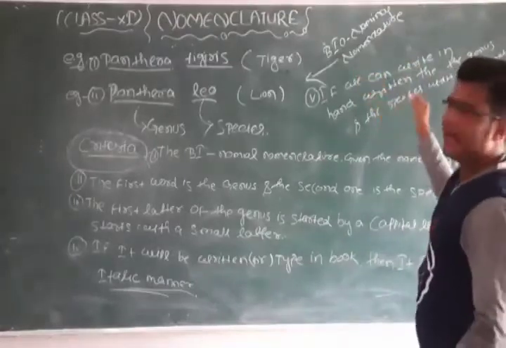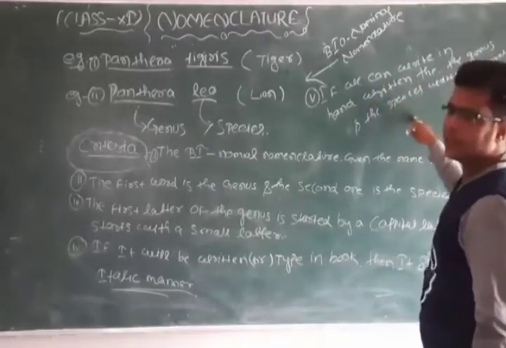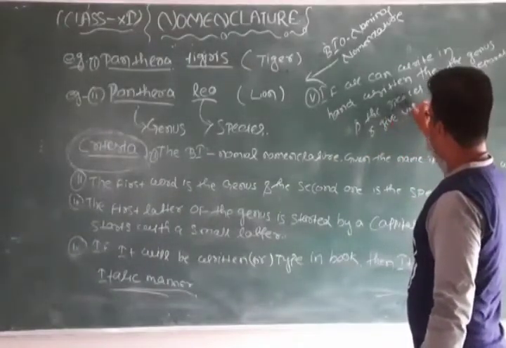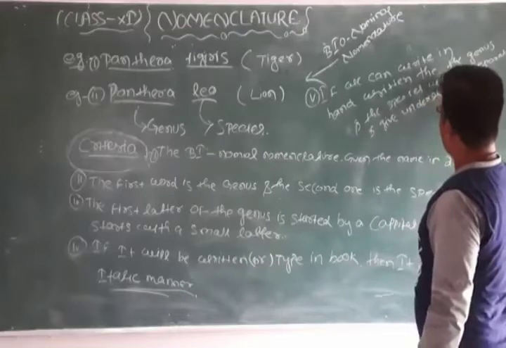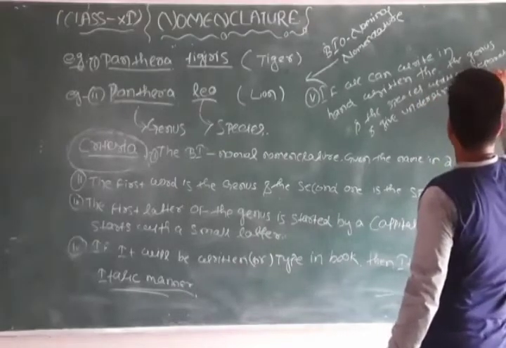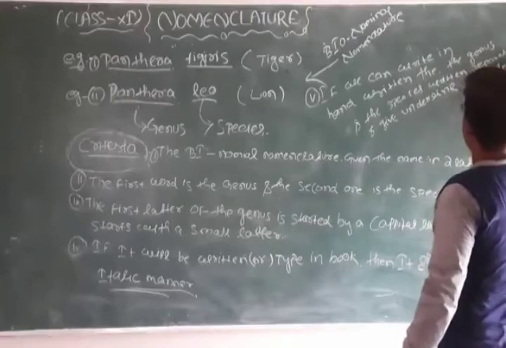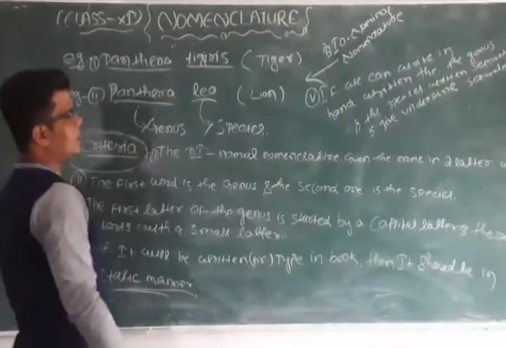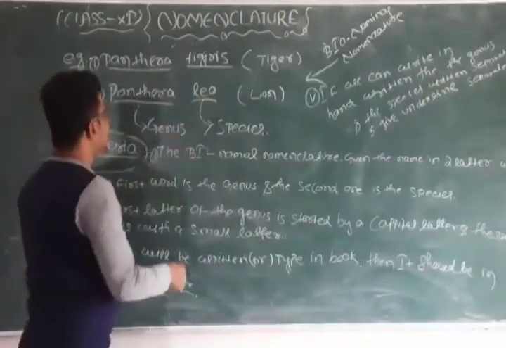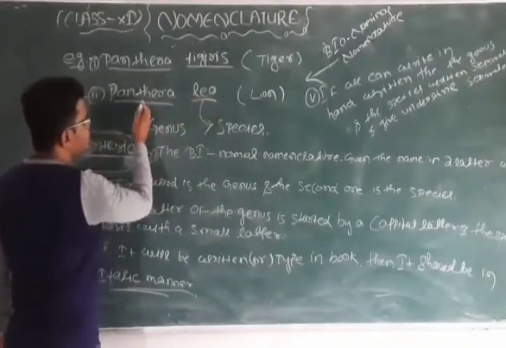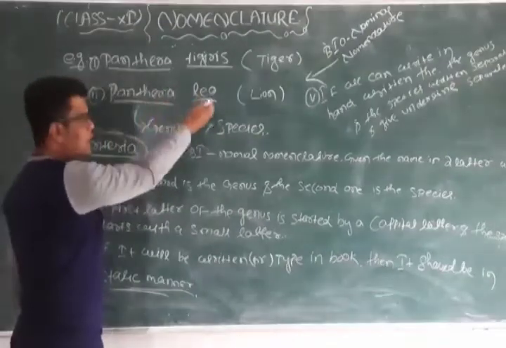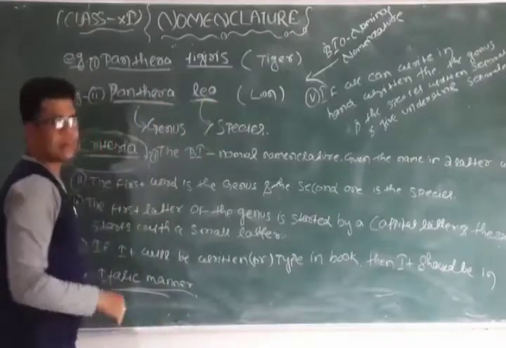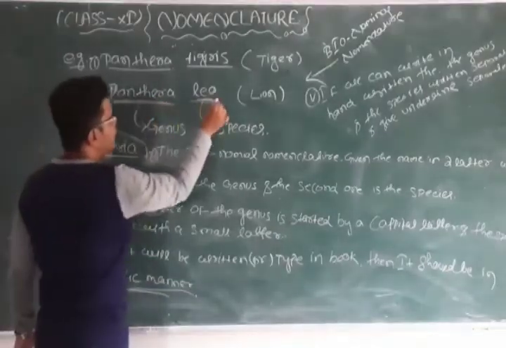If we write with pen and paper, the genus and species are written separately with underlines.